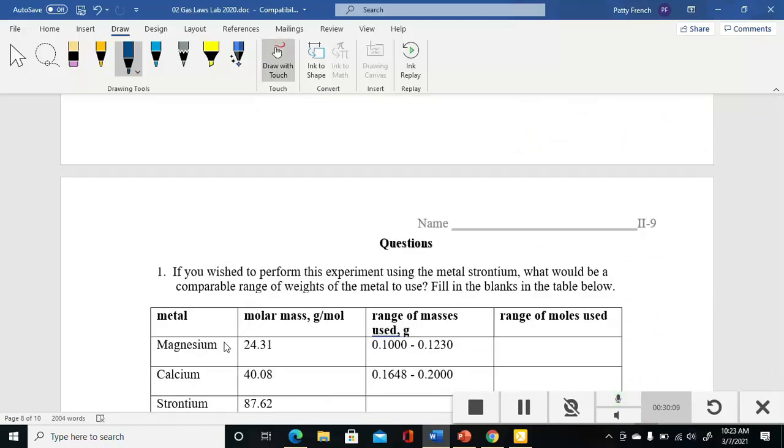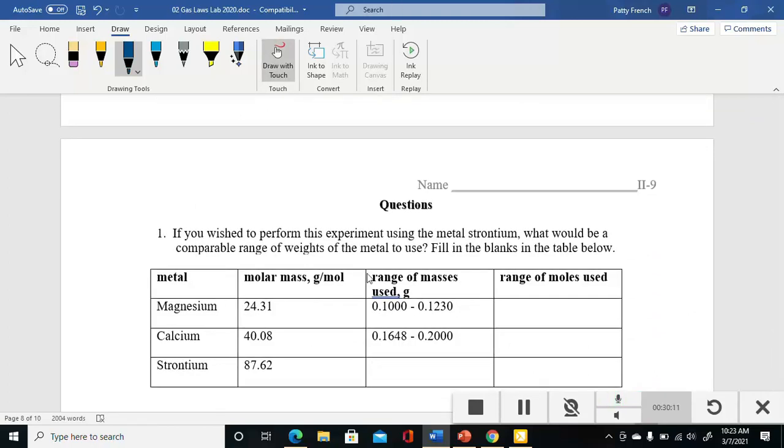So here we want to use a comparable range of weights for strontium, if I chose to use strontium in this experiment. And what I need to do here is first figure out the range of moles.